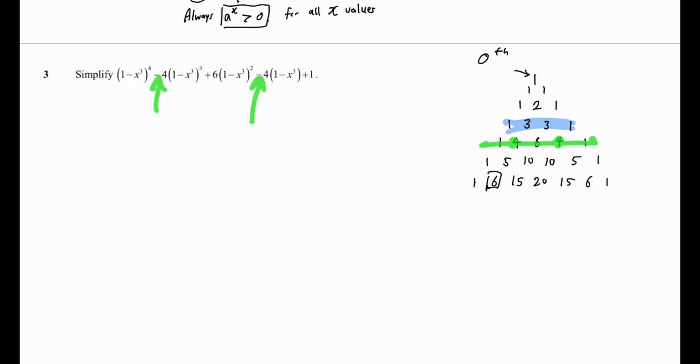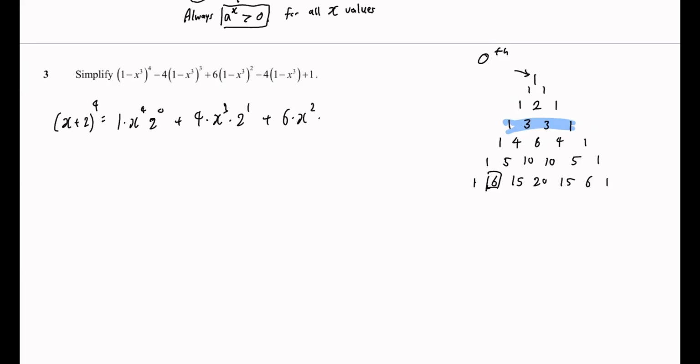So the reason why, let me just do a quick example. Let's say we got x plus 2 power 4. What we will have is 1, 4, 6, 4, 1.